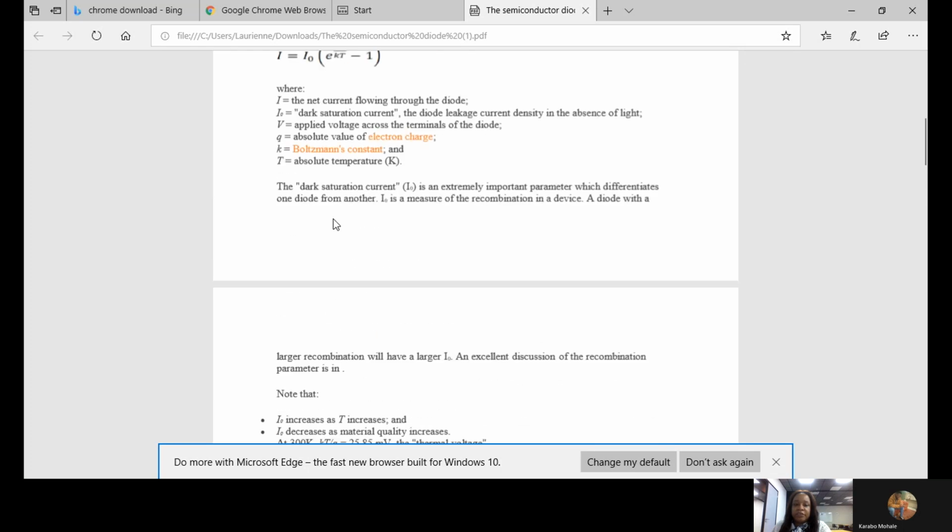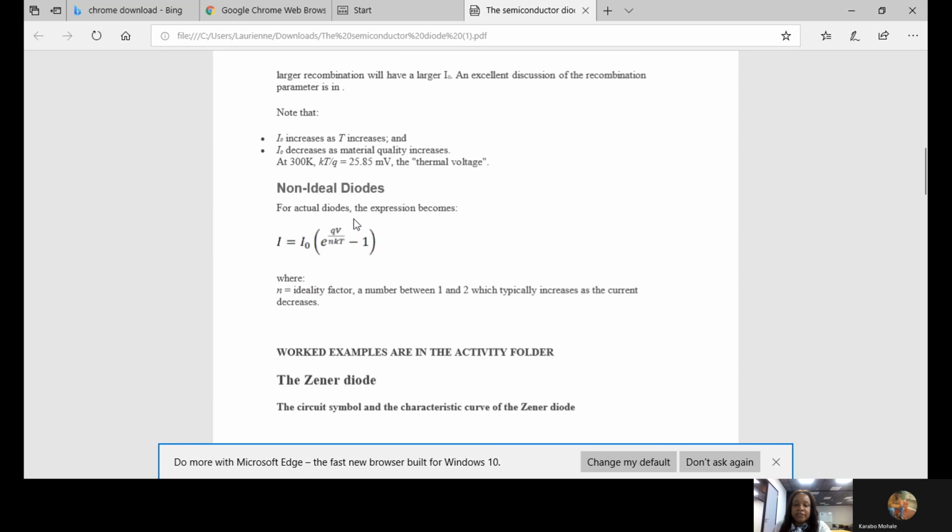there's a different equation for ideal and non-ideal. For non-ideal, it's basically going to be multiplied by a factor of n. The ideality factor n is a number between 1 and 2, which typically increases as the current decreases.